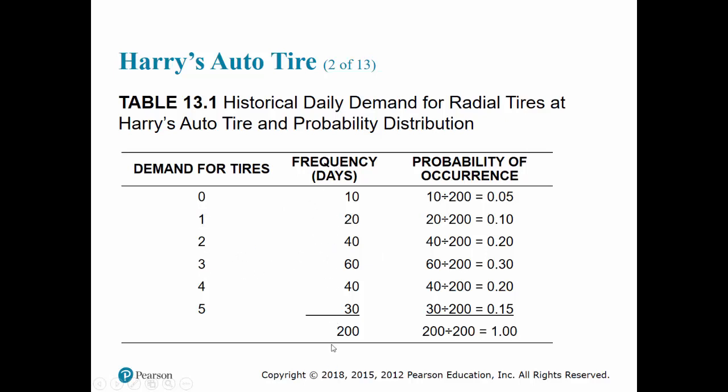When you divide each frequency by the total number of days, you get a relative frequency, which has all the properties of probability, which we already saw in chapter 2. So the relative frequencies can be used as probability. Now the probability of zero demand is 5%, probability of demand equal to 1 is 10%, and so on.